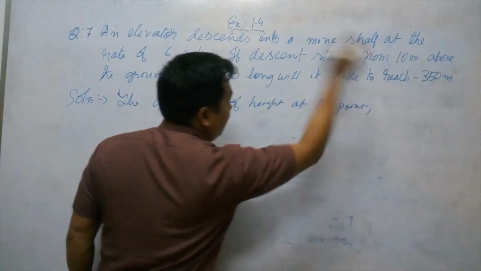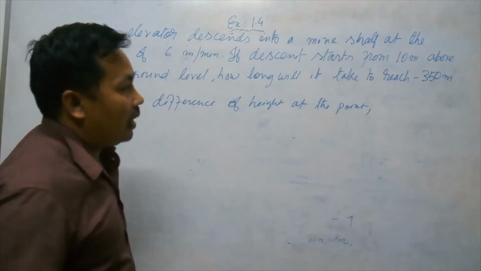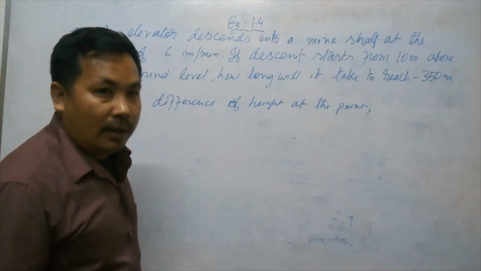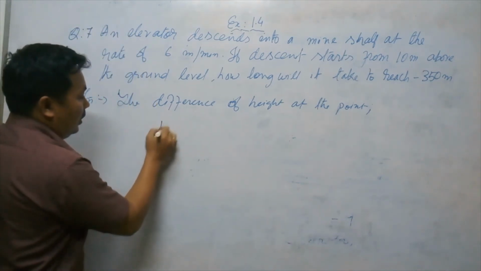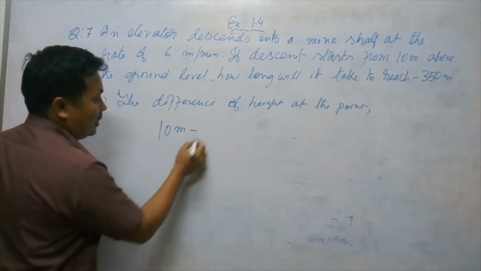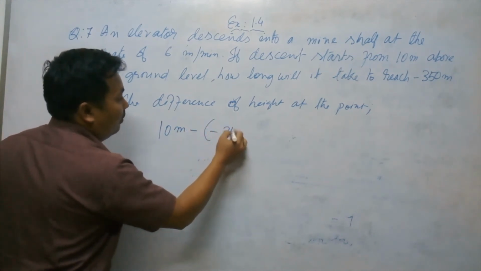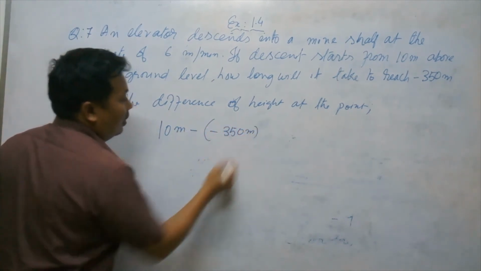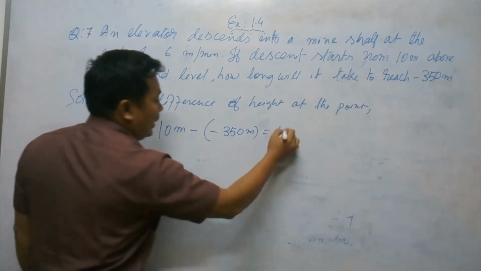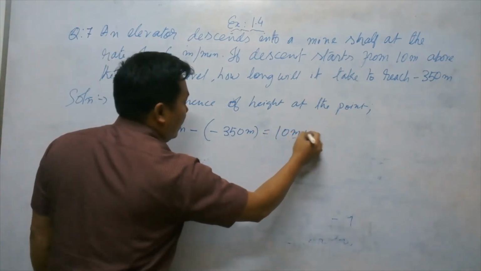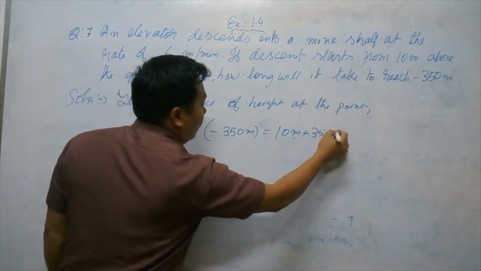The point one is 10 meters above the ground and another is minus 350 meters below the ground, isn't it? So the difference will be 10 meters minus minus 350 meters. We know that minus minus will be plus, so 10 meters plus 350 meters.